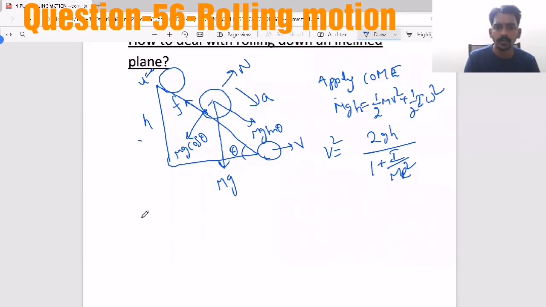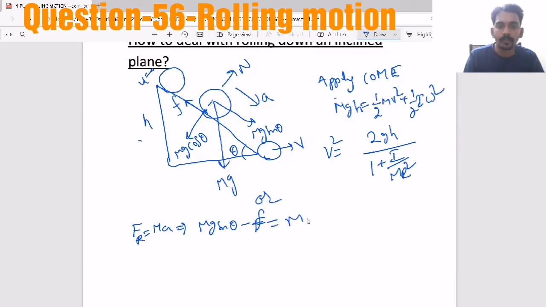Or else you can use the laws of motion. As the body is performing translational motion, resultant force equal to mass into acceleration. That is mg sin theta minus frictional force equal to ma, where frictional force equal to mu N, that is mu mg cos theta.